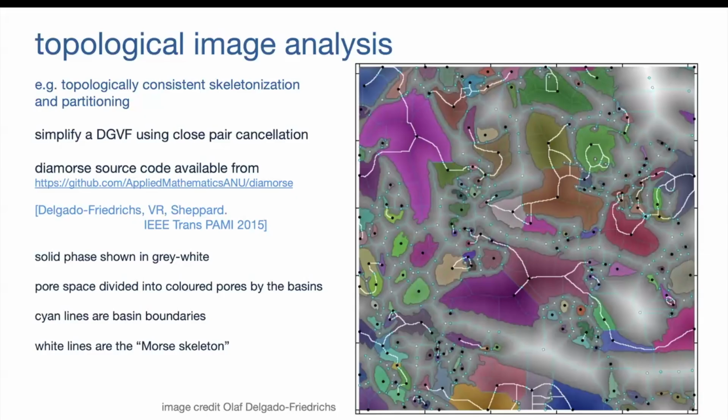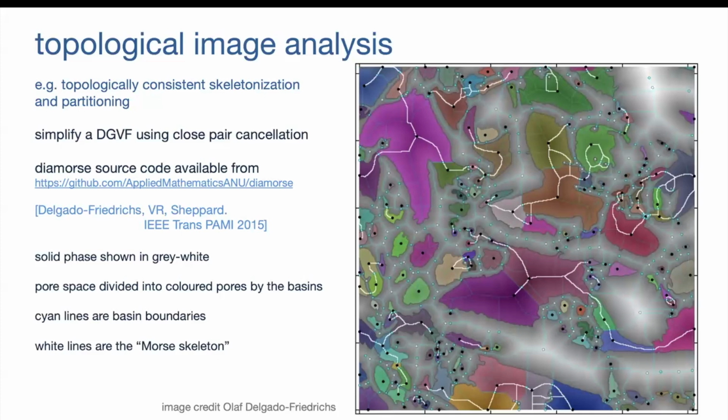And then the difference between the white and the cyan lines that are coming out of the saddles: the white lines are descending gradient flow lines from a saddle point down to a local minimum. And I'm only plotting the ones where the saddle point value is below a particular threshold.